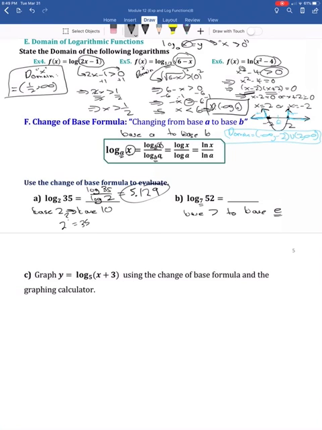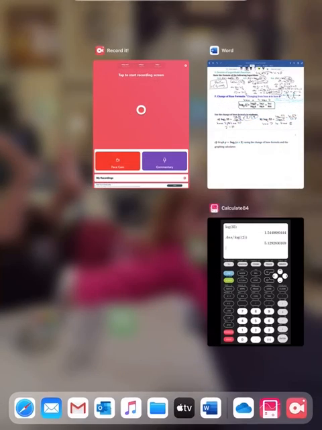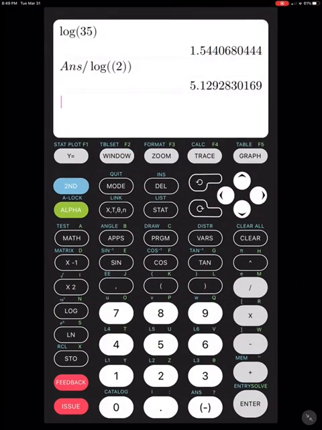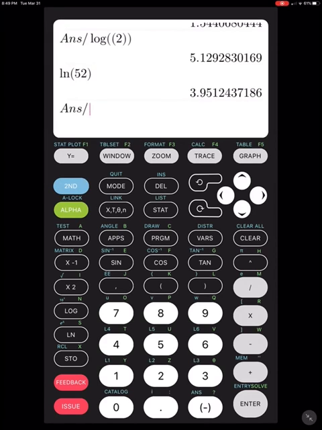So log base e, which is natural log of 52, divided by log base e of the old base. So natural log of 52 divided by the natural log of 7. Let's type that in together. What's the natural log of 52? Natural log of 52 divided by the natural log of 7.